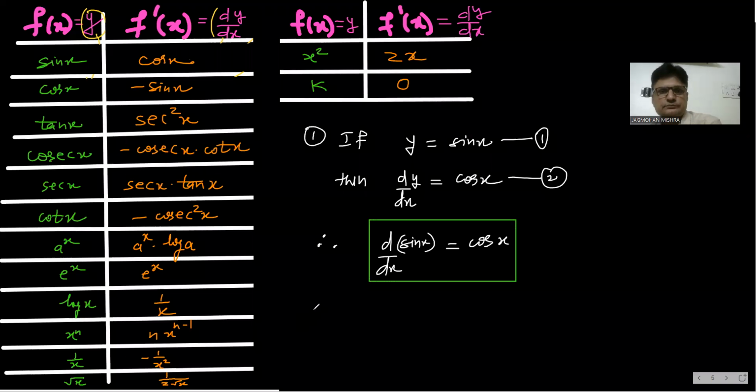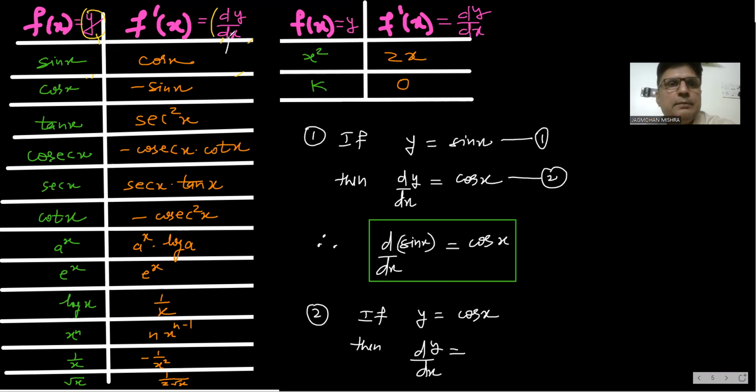Second. If y is equal to cos x, then d by dx of y is minus sine x.